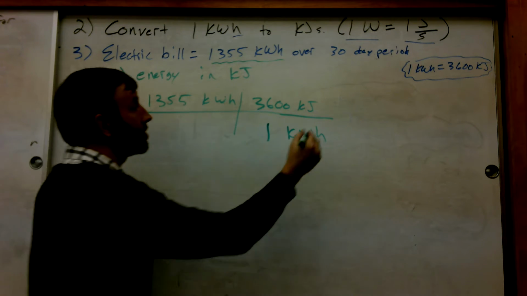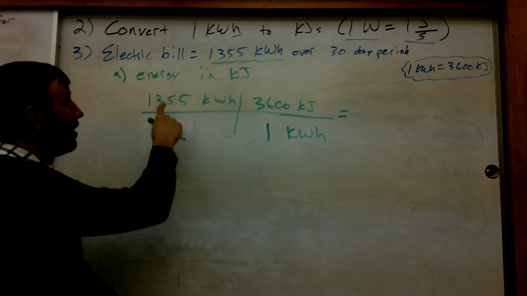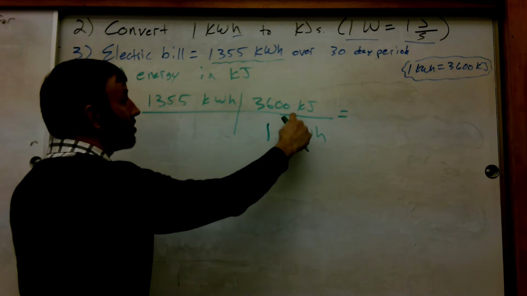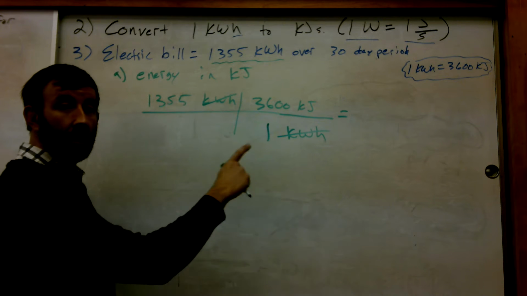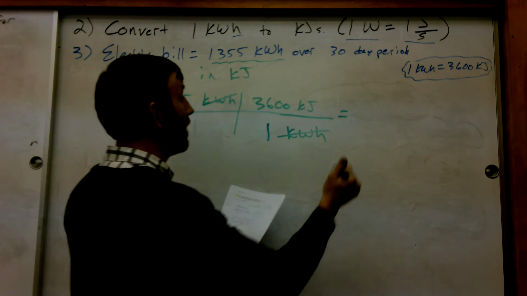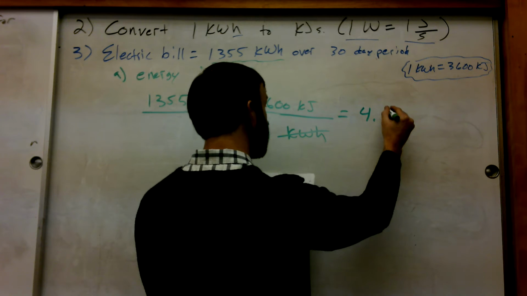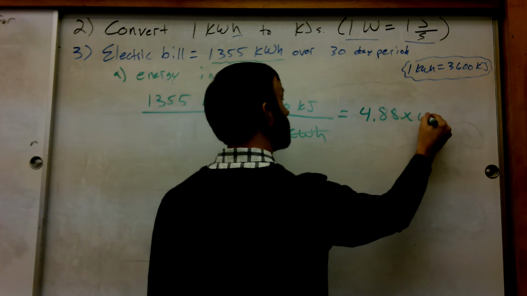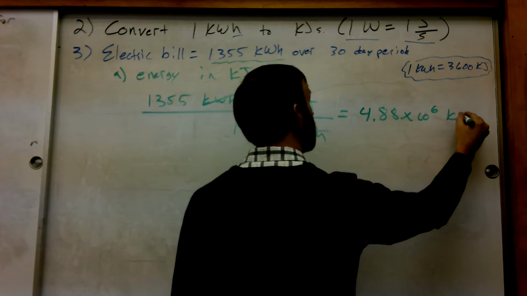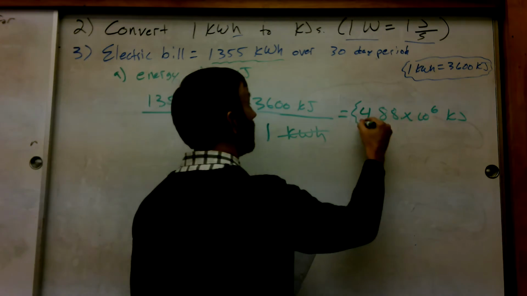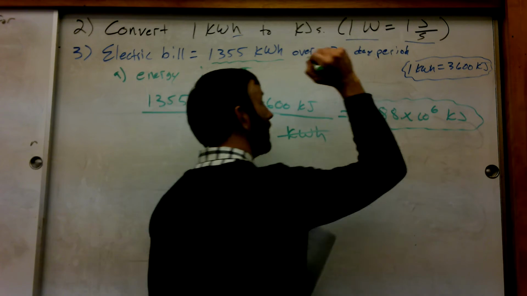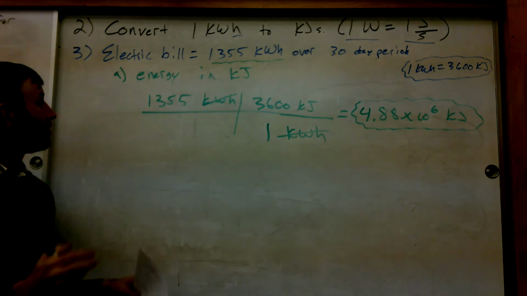And then it's a simple multiplication problem: 1355 times 3,600, canceling out my kilowatt hours, my answer will be in kilojoules. And when I do that multiplication, I should get 4.88 times 10 to the 6th kilojoules. And that would be my answer for letter A. Okay, B.